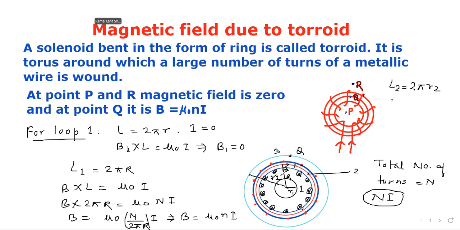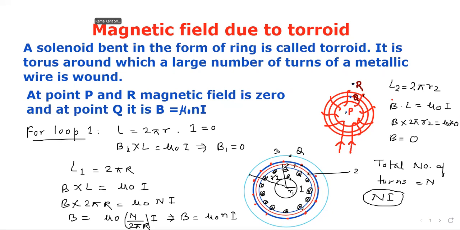Since it has no current, the RHS in Ampere's circuital law, B into L equal to mu naught I, will be 0, because there is no current here outside. Current flows only within the core. So again the RHS will be 0. So B times 2 pi R2 equal to mu naught into 0. That is, B equal to 0.